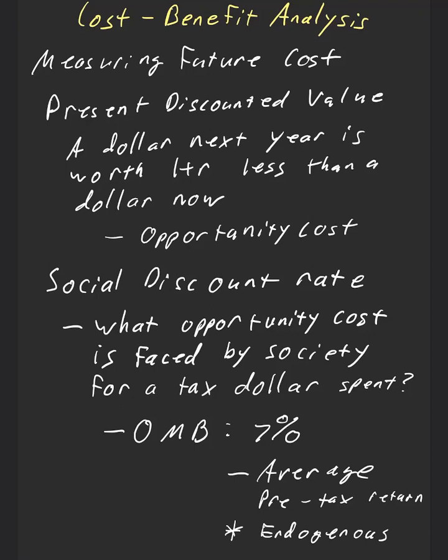Because if you go up to the register and you're going to buy your Chick-fil-A for lunch and you're going to spend $1 there, what's the opportunity cost of that dollar, right? Well, it might be some alternative consumption. It might be the Snickers bar across the way, right? But you're choosing that thing. So we want to think about the future cost. So if we choose not to spend it, what will we do? We might put it in the bank.